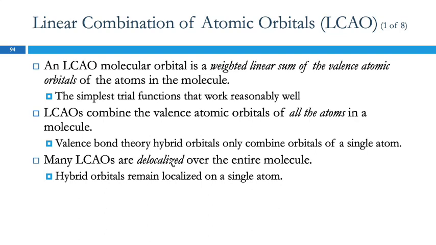Just a reminder, valence bond theory hybridizes orbitals only on a single atom, and here we're hybridizing them on all the atoms. So these linear combinations of atomic orbitals are going to be delocalized over the entire molecule, whereas the hybrid orbitals are localized on a single atom.